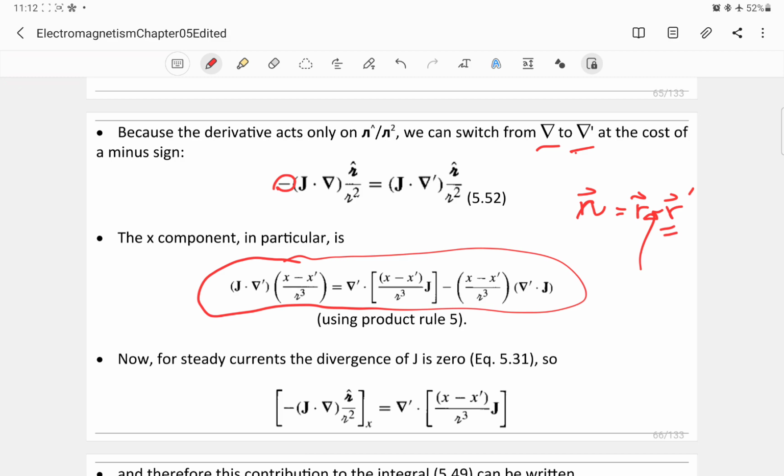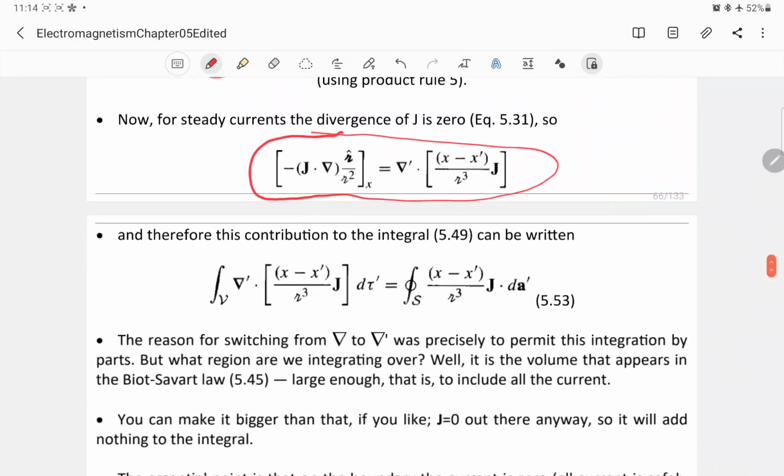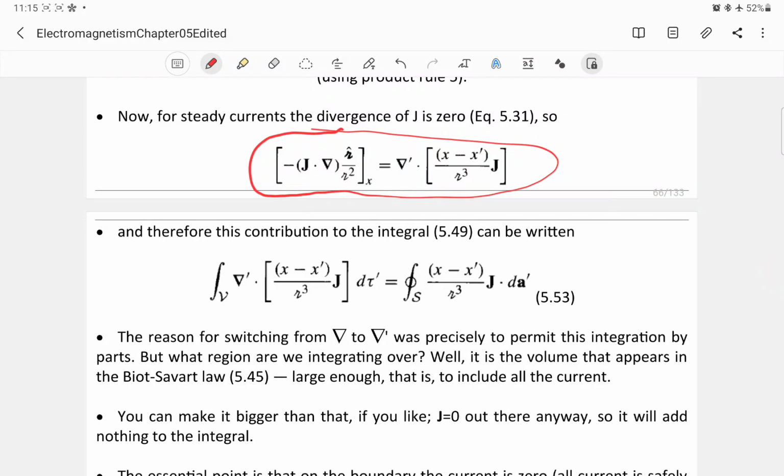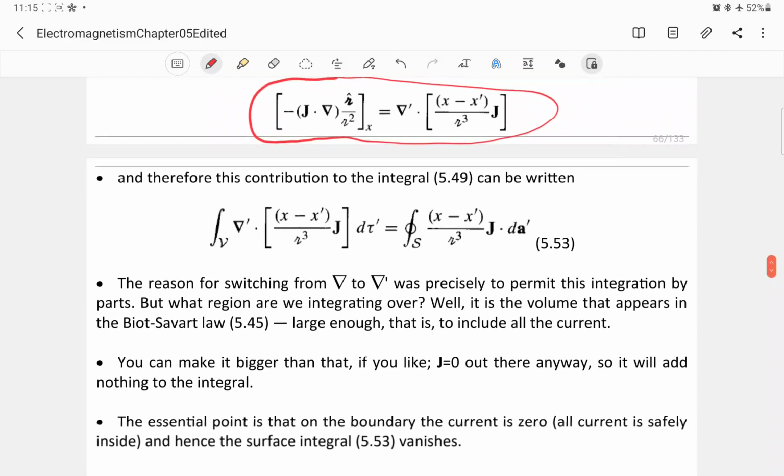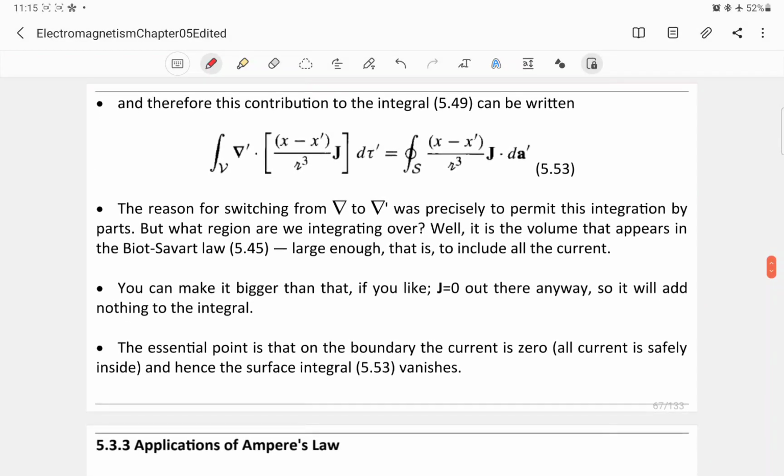Now for steady currents, the divergence of J is equal to 0. So you have this. And so if you integrate it with respect to the prime, then using the divergence theorem, it will give you this.